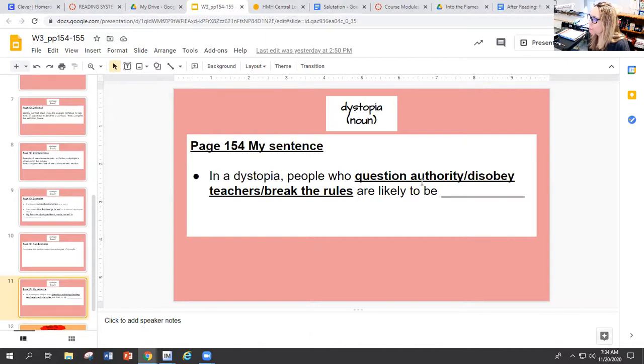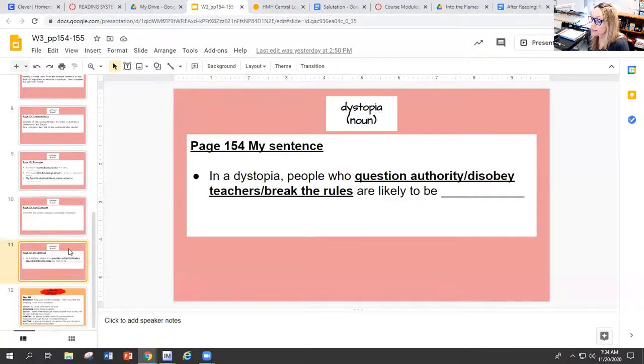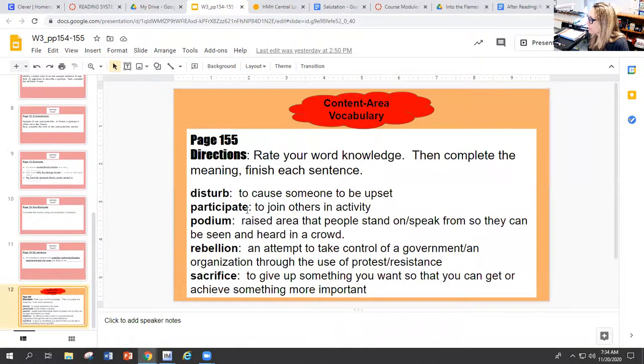In a dystopia, people who question authority, disobey teachers, break the rules, any of those would work, are likely to be blank. You have to fill in the blank. So what's the consequence? What's the result? That's a cause and effect. I say consequence because it's a cause and effect. And then there's your definitions. Those are the complete definitions, so fill in the words that are missing. And then, of course, you do the sentences. Excellent. And then we'll get started with those other stories. I can't wait to read The Hunger Games. I always enjoyed that movie.